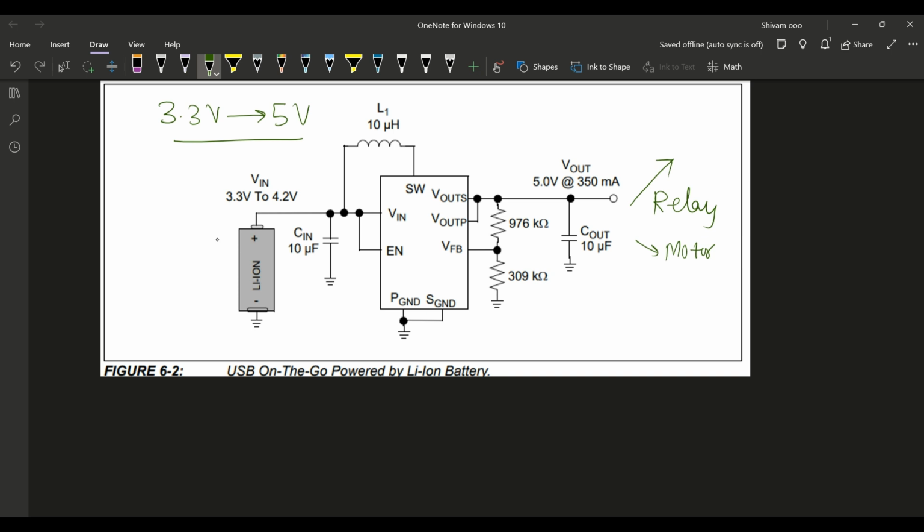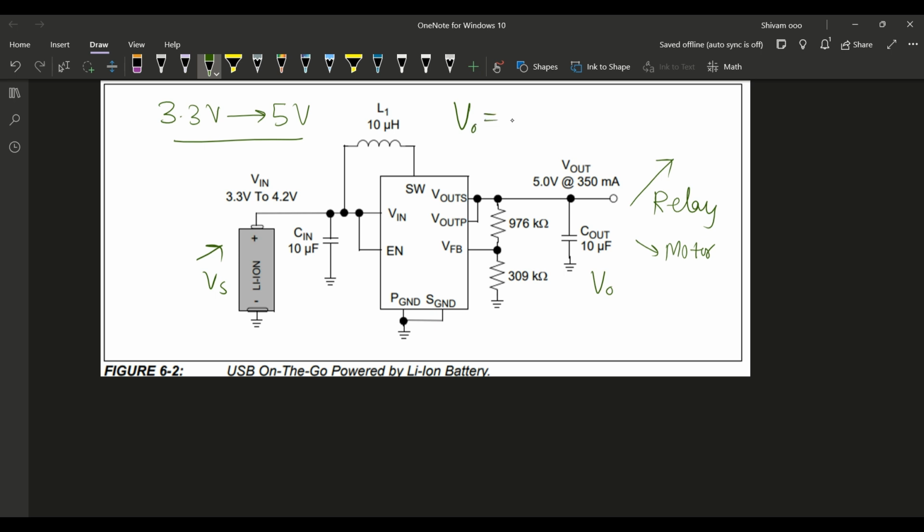So this is the source, Vs, and this is my output voltage, which is 5 volt. Input is between 3.3 and 4.2 volt, and this is the input stabilizing decap, and the output energy storing capacitor, and feedback to set the output voltage.